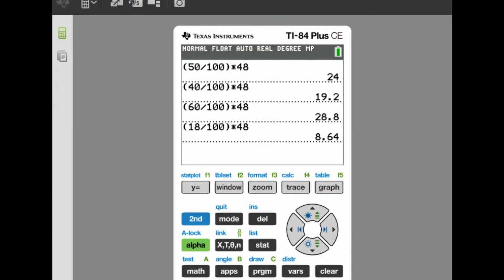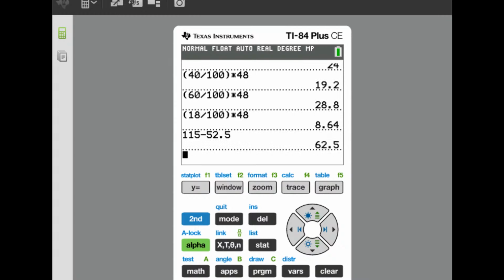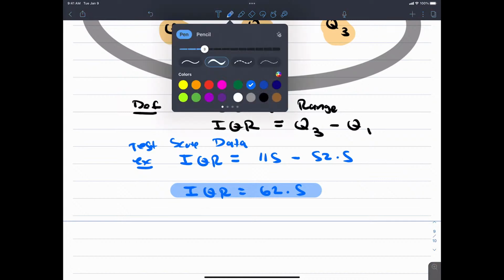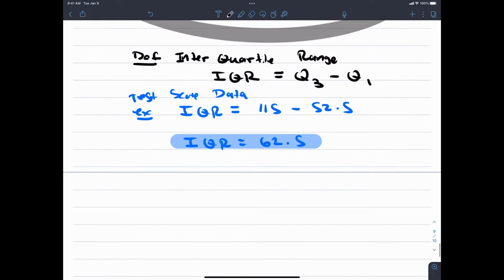So what do you get when you do that? 115 minus 52.5. What do you guys end up getting? What's the interquartile range? Is that 62.5? All right, definitions. You guys want to write down your definitions because they can ask you these questions.